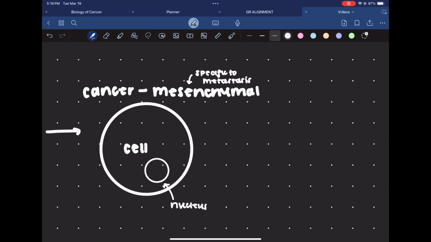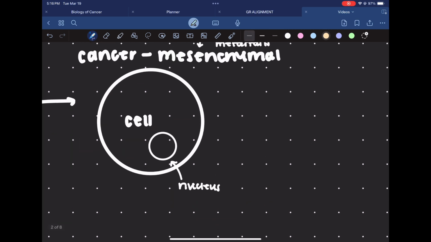And it has a couple different traits that are different as compared to what we saw in our epithelial cell. So the first is that it has increased mobility as compared to our epithelial cell. The second is that it's going to have a different connective molecule.